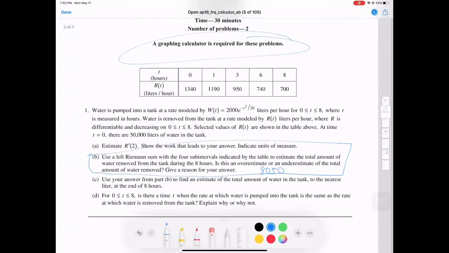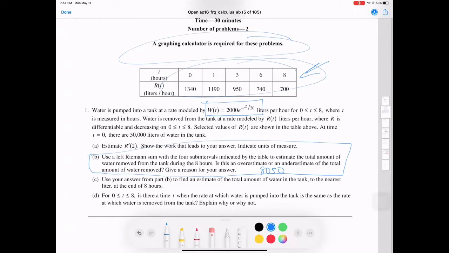So that was our Riemann sums. Now use the answer to estimate the total amount of water in the tank to the nearest liter at the end of 8 hours. This part is the value that's being pumped in, and then we take out the water that's being removed, so we just have to subtract them from each other.